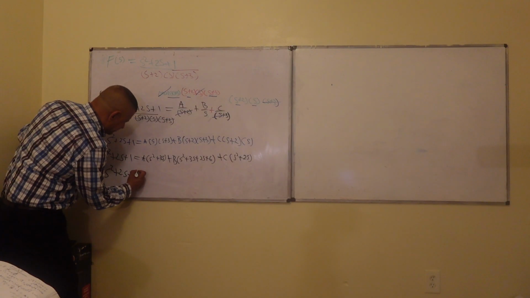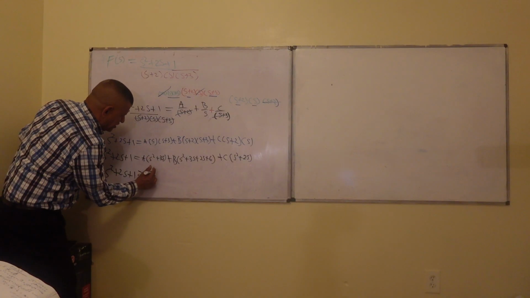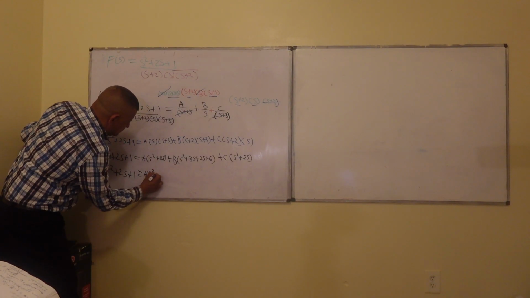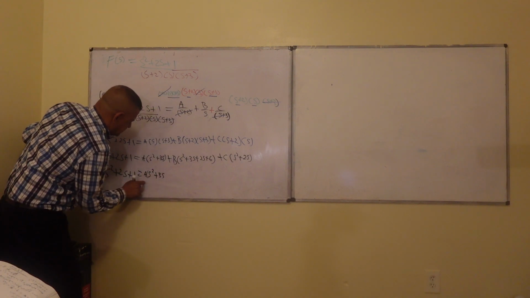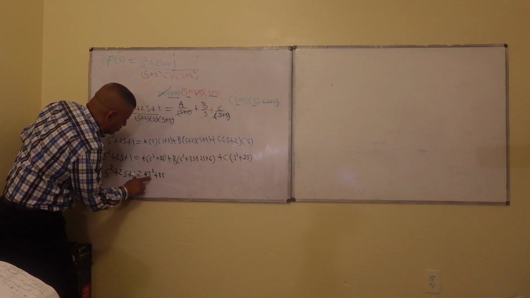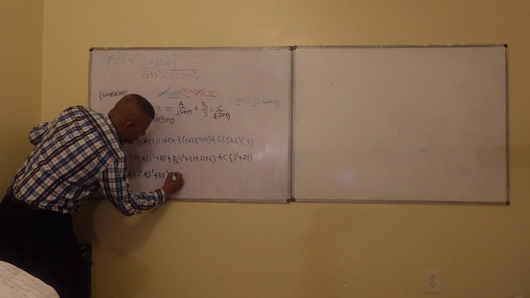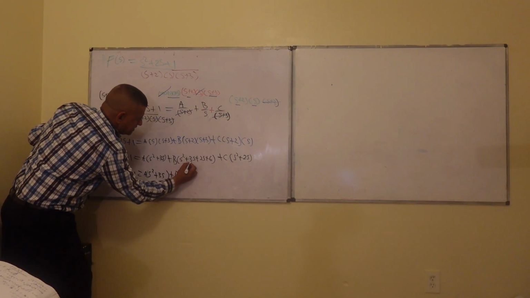So this right here is going to be a times s plus 3s, a times s squared plus 3s plus b. Now I am adding these two guys.